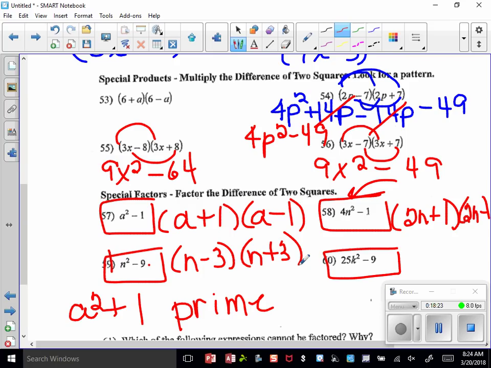So you just take the square root of both numbers. 5k plus 3, 5k minus 3. There is no other way to factor these except for what I just showed you. You cannot even use the X method here because you don't have a B term. So you have to be able to recognize a binomial, perfect squares, minus sign, take the square roots, and write them as opposite signs. That's it.